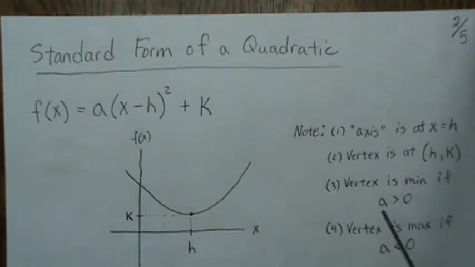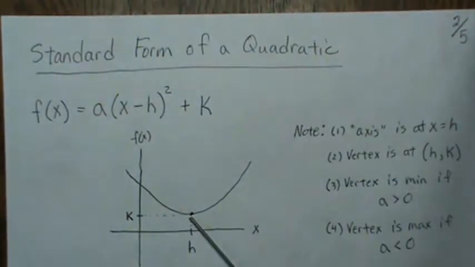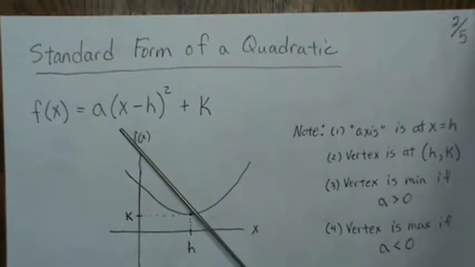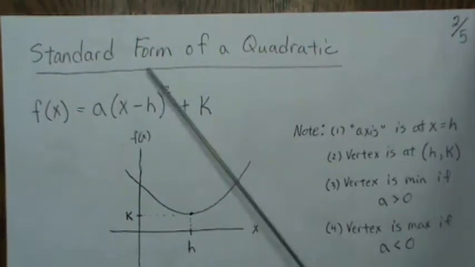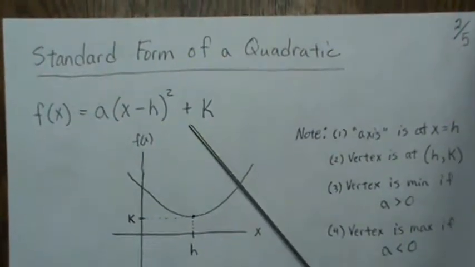And notice that if a is positive, it opens up, which means that vertex is what's called a minimum of that function. Now if it were to open down like this, that vertex would be a maximum, and that's what this says right here.